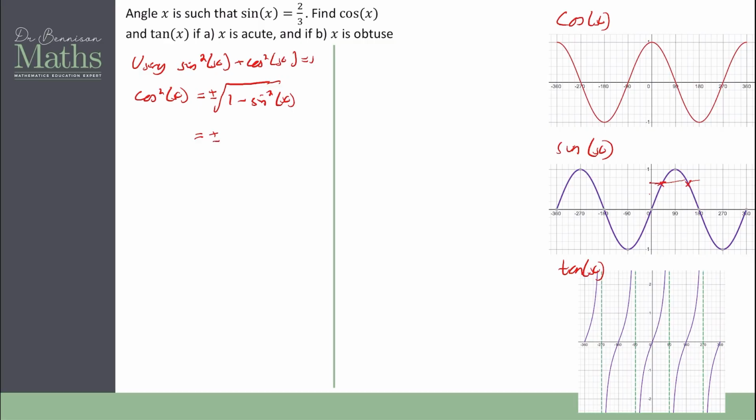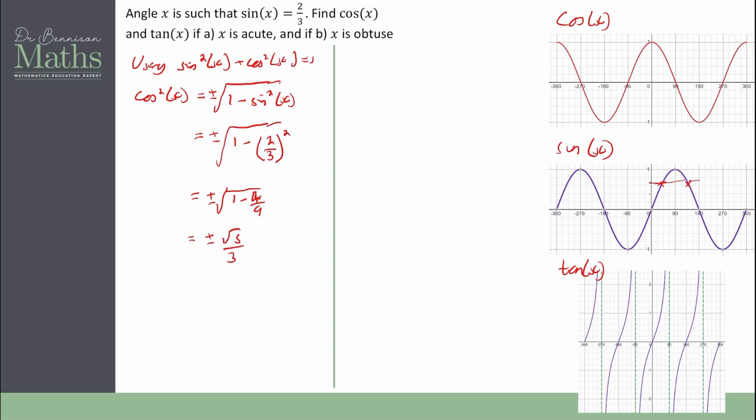So plus or minus the square root of 1 minus 2/3 squared, i.e. plus or minus the square root of 1 minus 4/9. So that's plus or minus root 5/3.